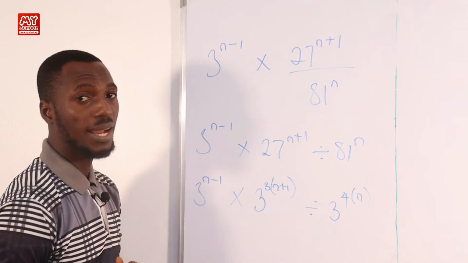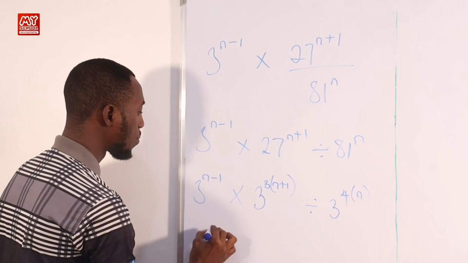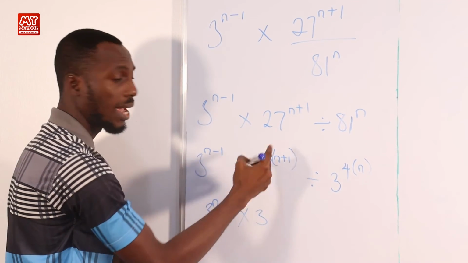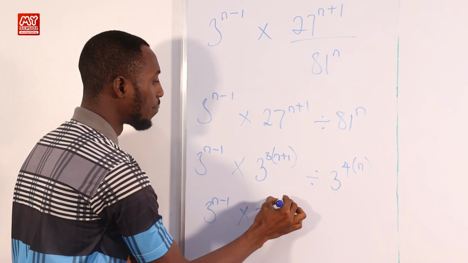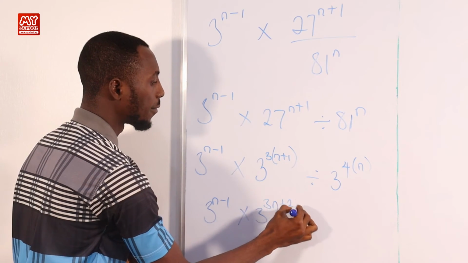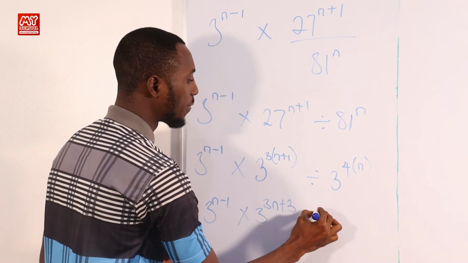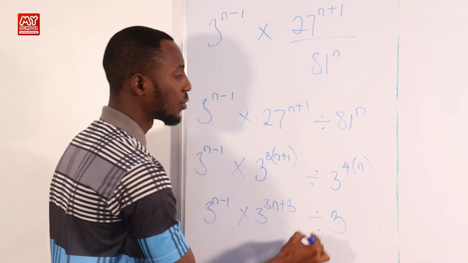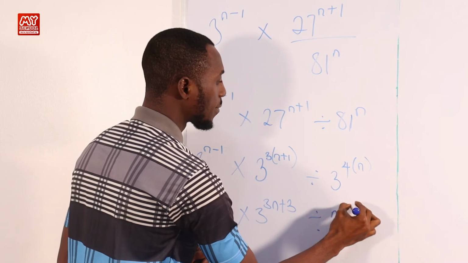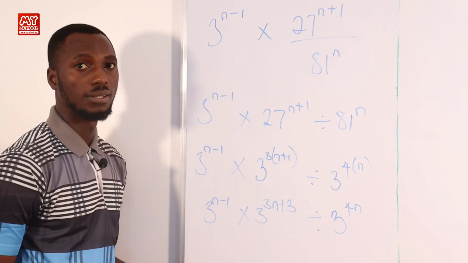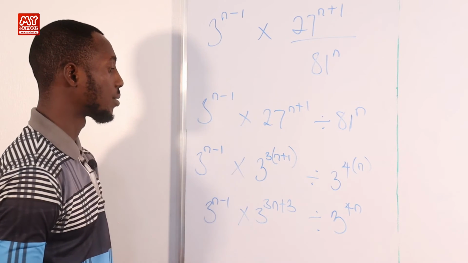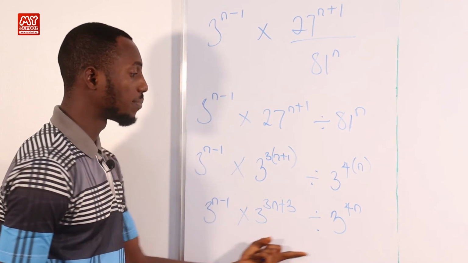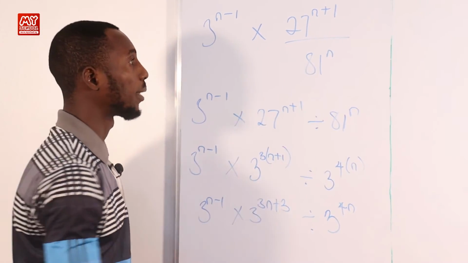By the time we expand our bracket, we have 3 raised to power n minus 1 times 3 raised to power 3 times n, that is 3n, plus 3 times 1, that is 3, divided by 3 raised to power 4 times n, that is 4n. Very, very easy. We just have to pick a particular base, and that is base 3. So let's move up here.